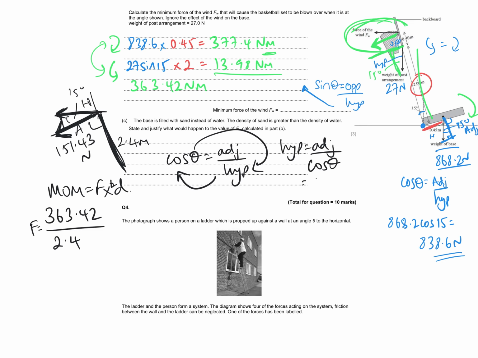The adjacent is 151.43. Divide that by cos 15, and that should give us the size of our force that we're trying to find out. So divide that by cos 15, and the answer is 156.8 newtons.